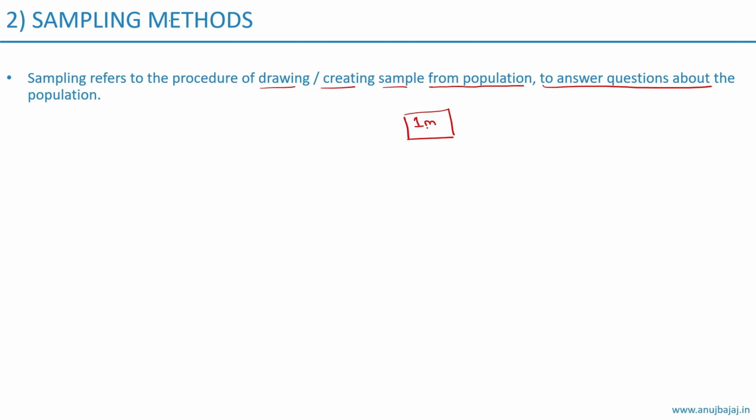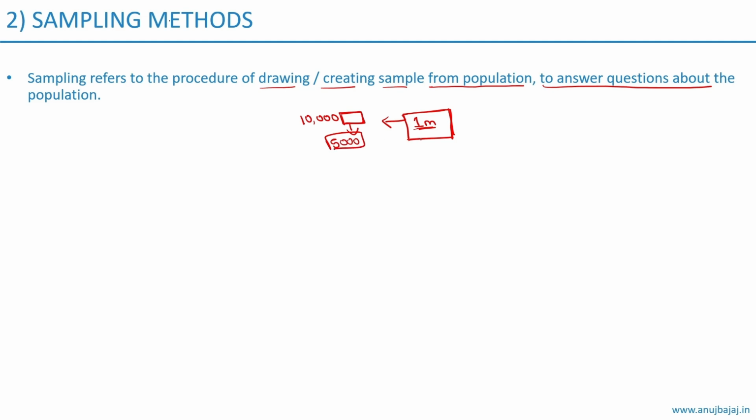Practically it is not possible to survey each and every household to find out how much they spend on groceries. So suppose out of the 1 million households, we take a sample. Suppose we collect data of 10,000 households, randomly selected from the entire 1 million household population. From the sample data, we found out that on an average, each household spends about $5,000 on groceries.